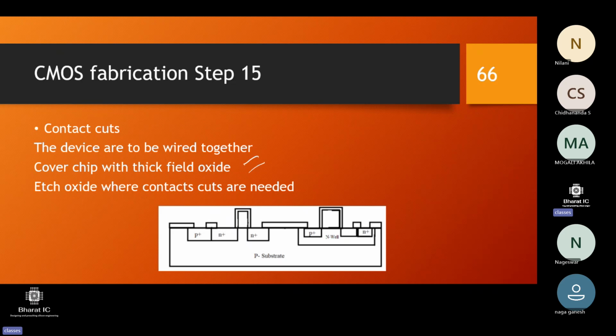That contact mask will etch those parts using hydrofluoric acid, those things will be removed, and the photoresist will be removed. You will see small contacts made wherever the contacts are needed. So these contacts have been placed all over the layers, and this is how it is created.